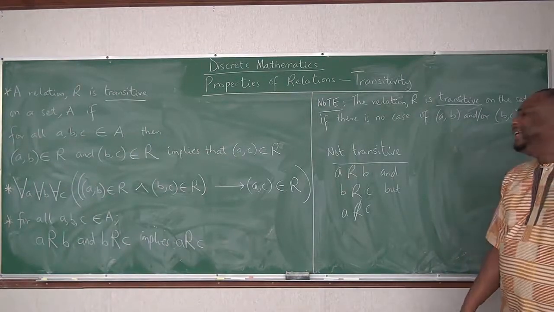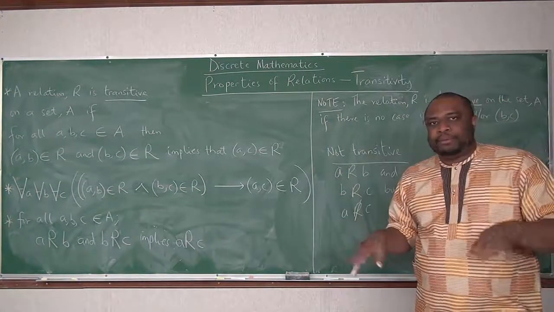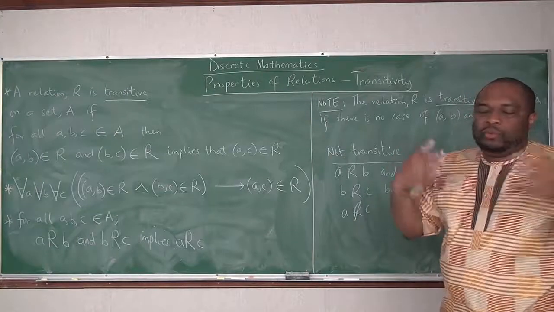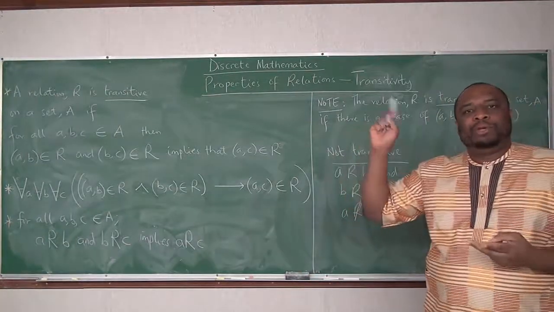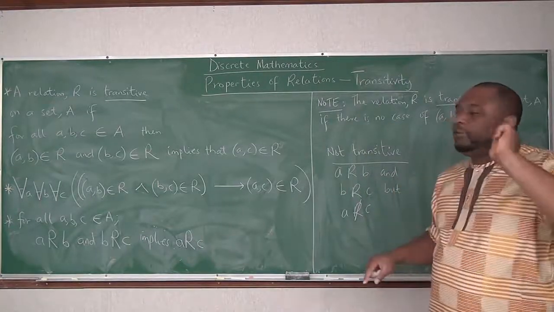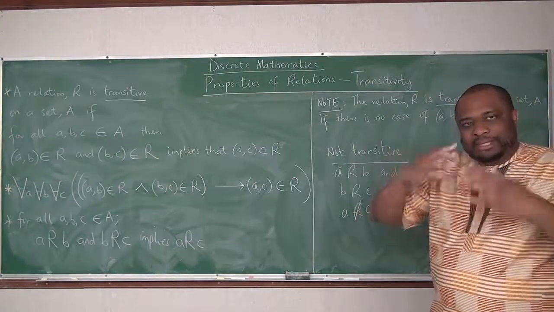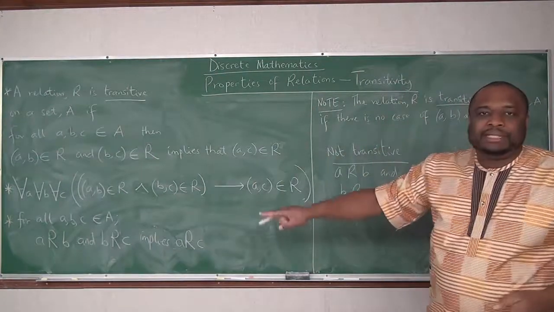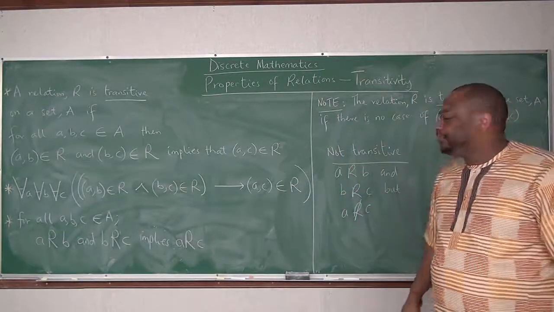So, let us now solve examples. Remember from what we have been doing before, we did the sets, then matrices, then digraphs. What we did on reflexivity and symmetry, we did the sets, then 0, 1 matrices, then digraphs.